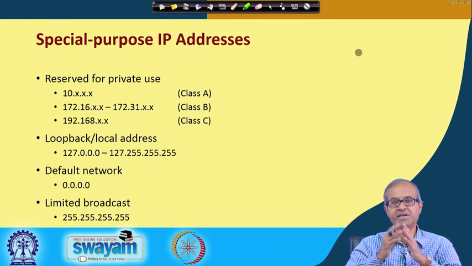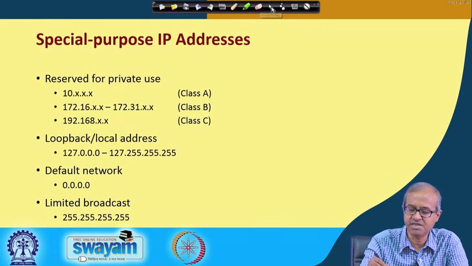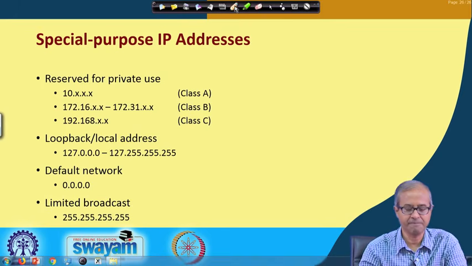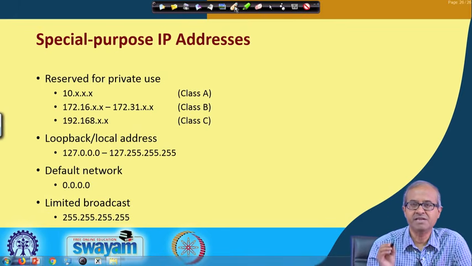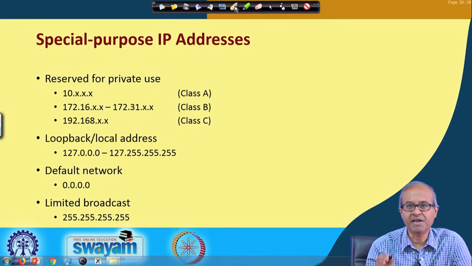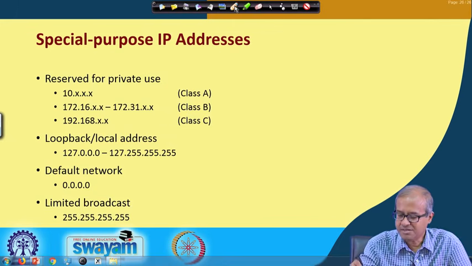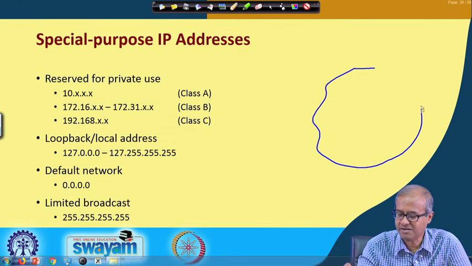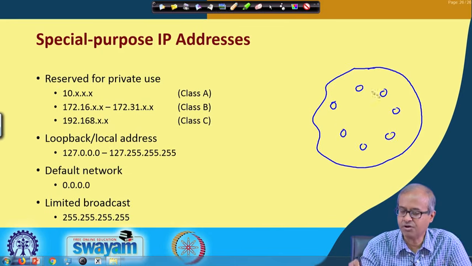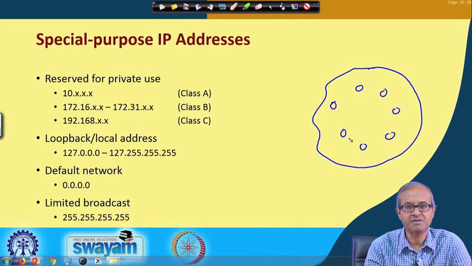Now, I mentioned that there are some special purpose IP addresses which are reserved for special purposes. First, there are something called private IP addresses. Suppose I have an organization, I want to use some computers inside my organization to communicate among themselves.